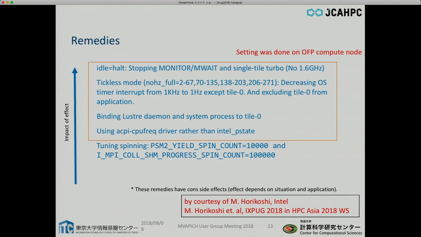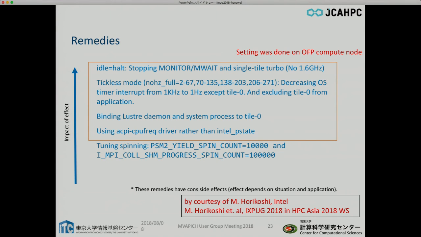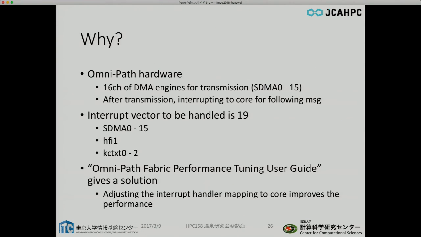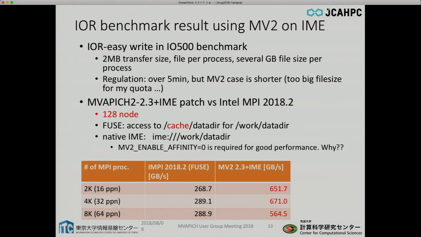A test you could do is, instead of doing 64 ppn, you could do like 32, and just see what happens if you don't set that variable. Which case? The affinity 0. As an experiment, don't set affinity equals 0.